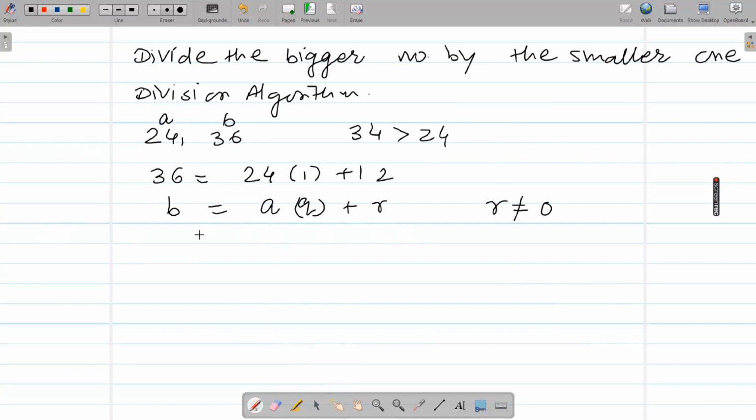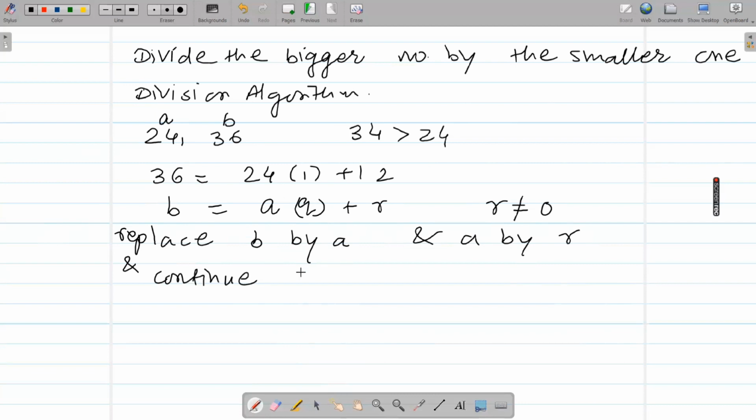So what we will do in the next step is replace B by A and A by R, and continue this process till we get remainder equal to 0. So we have to continue this step of replacing B by A and A by R till the remainder is 0.